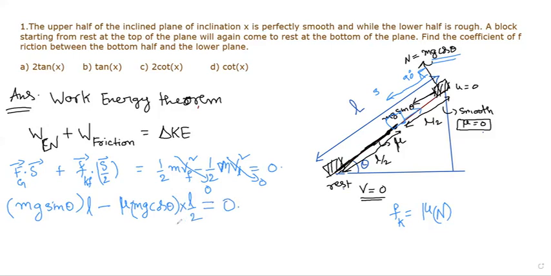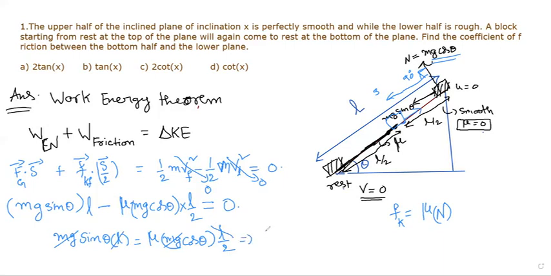And now that's pretty easy. So you have mg sine theta times L is equal to mu mg cos theta times L by 2. So mg, let's cancel it. L also gets cancelled.